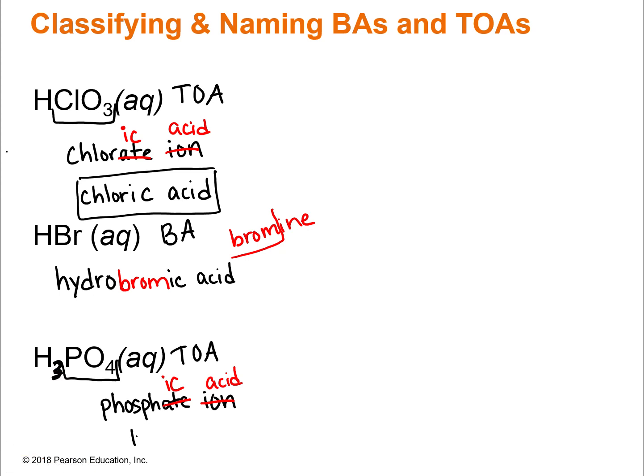And then you would put it together and you'd say, okay, this is phosphic acid. But it's actually not. I know, all these rules just to break them, right? We actually call this phosphoric acid.